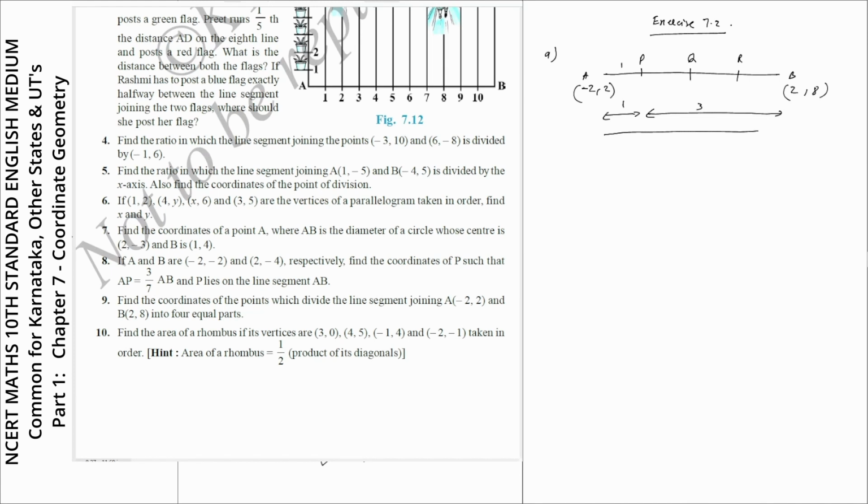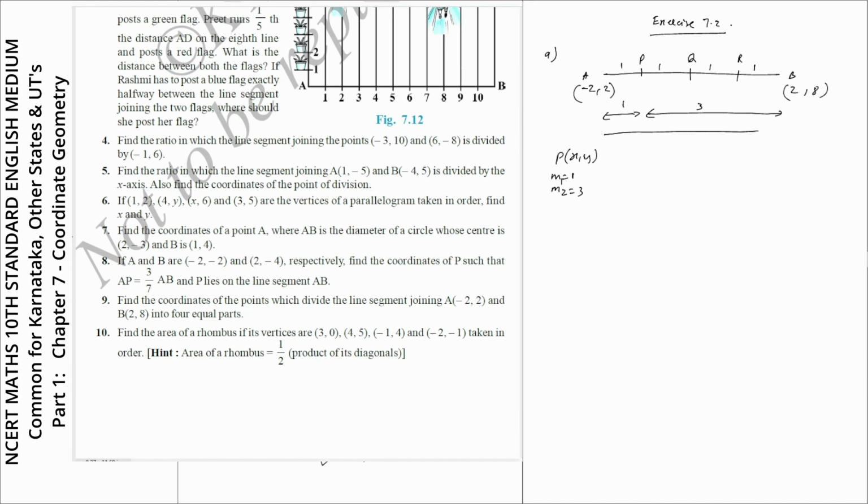See, all are equal, 1 1 1 1. So here AP is 1 and PB becomes 3. So for the coordinates of P(x, y), M1 is equal to 1 and M2 is equal to 3.